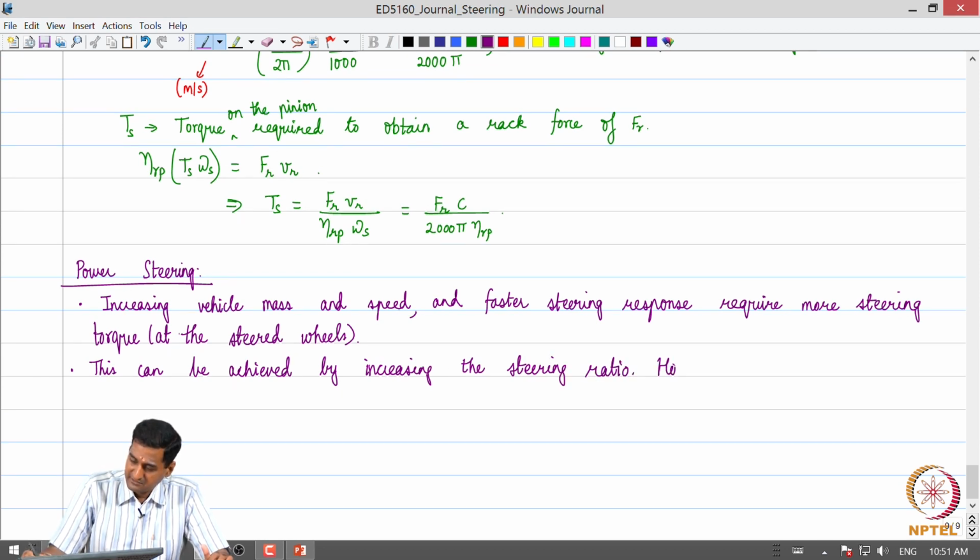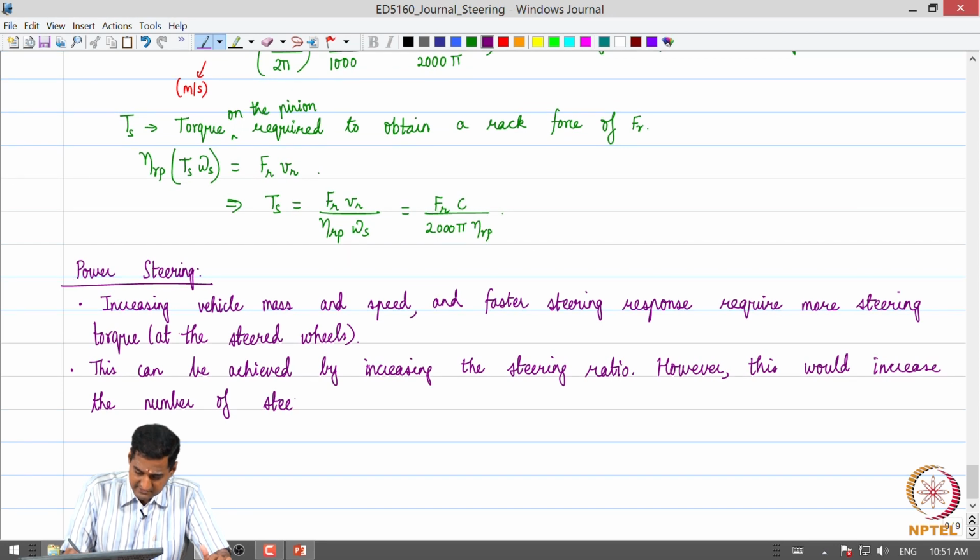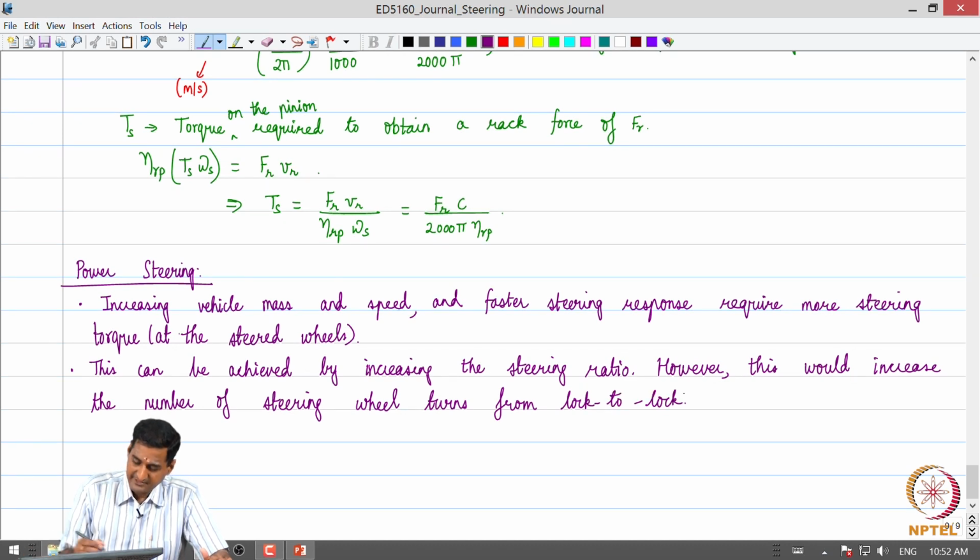However, this would increase the number of steering wheel turns from lock to lock. Okay, that is the limitation.